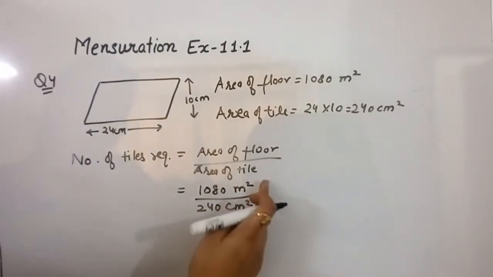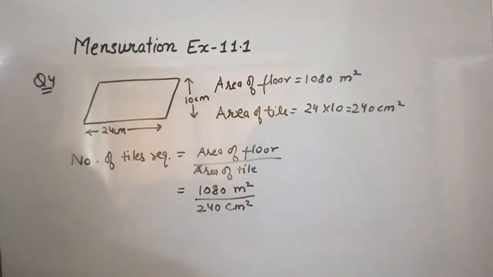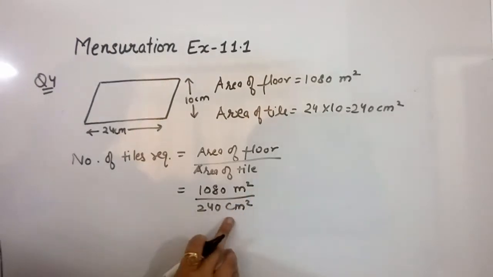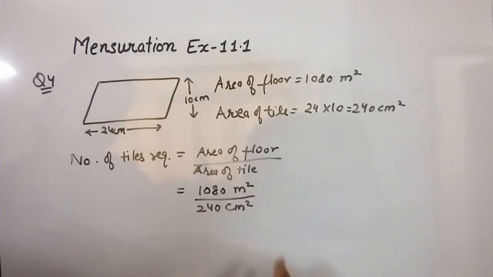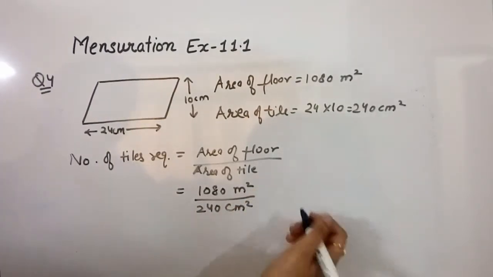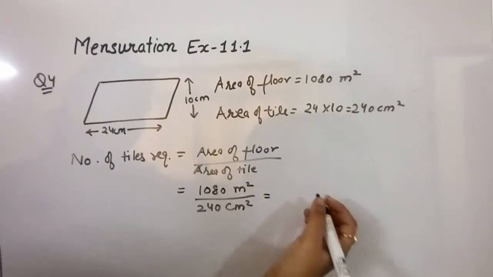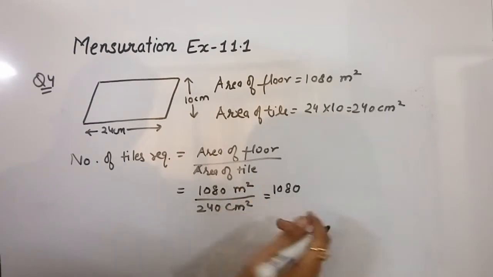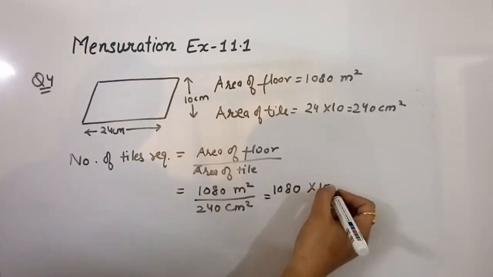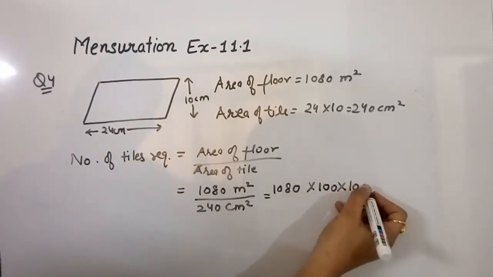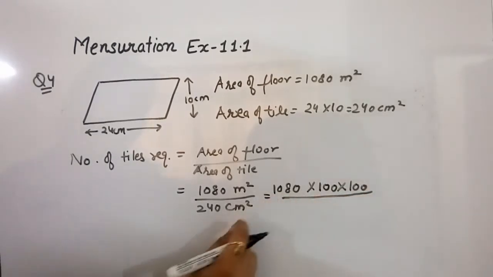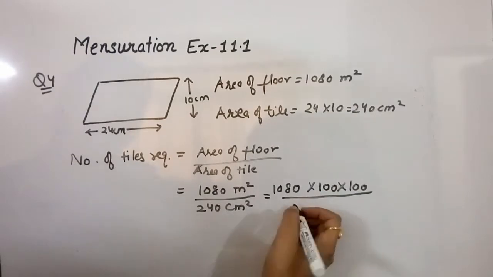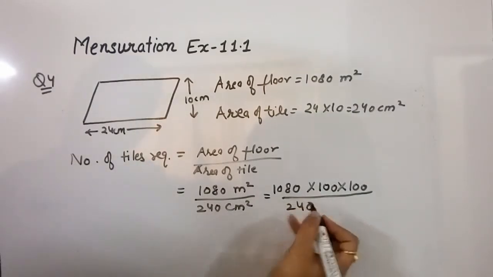During calculations we need to keep the unit the same, so we have to make it either in centimeter square or in meter square. It is easier to take it in centimeter square. 1 meter is equal to 100 centimeter. So here it is meter square, so we need to multiply it with 100 two times, corresponding to 1 meter 100 centimeter and another meter 100 centimeter, over 240 centimeter square.